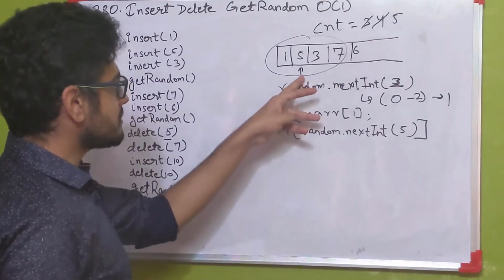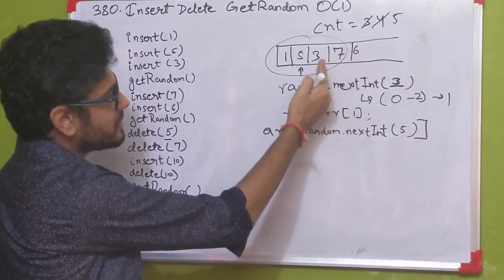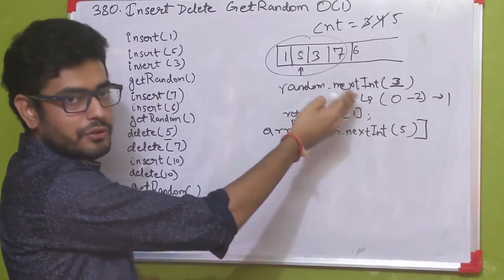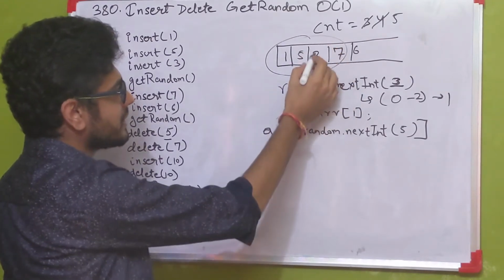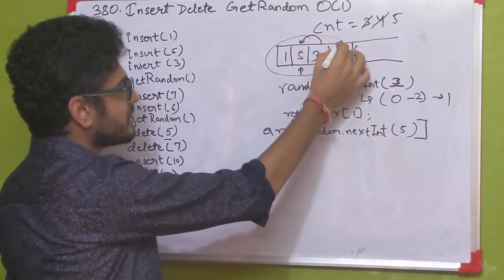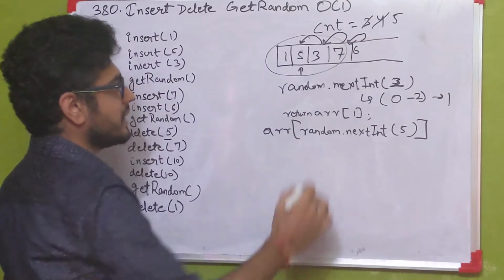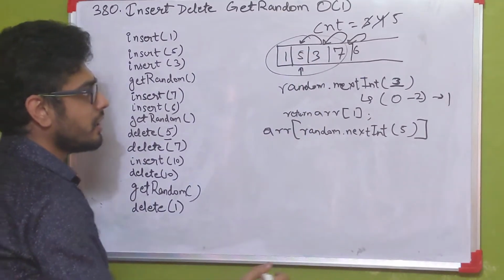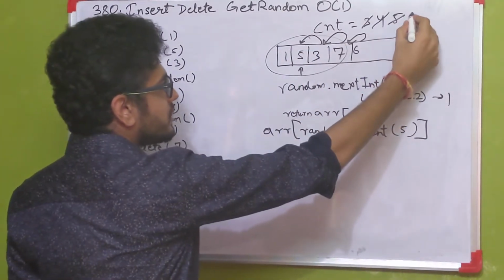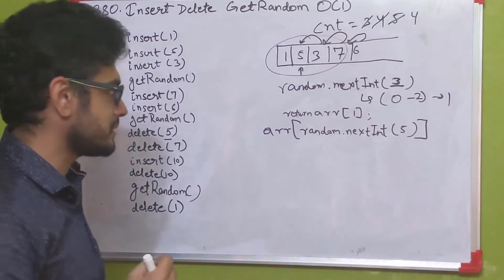Once we have reached this point, from all the numbers which are present to the right of it, we are going to shift all those numbers to the left by one element. That is, 3 would be shifted to this index, 7 would be shifted to the second index, 6 would be shifted to the third index, and basically 5 gets removed from the array automatically, and the counter gets reduced to 4 again because we have removed one of the numbers.